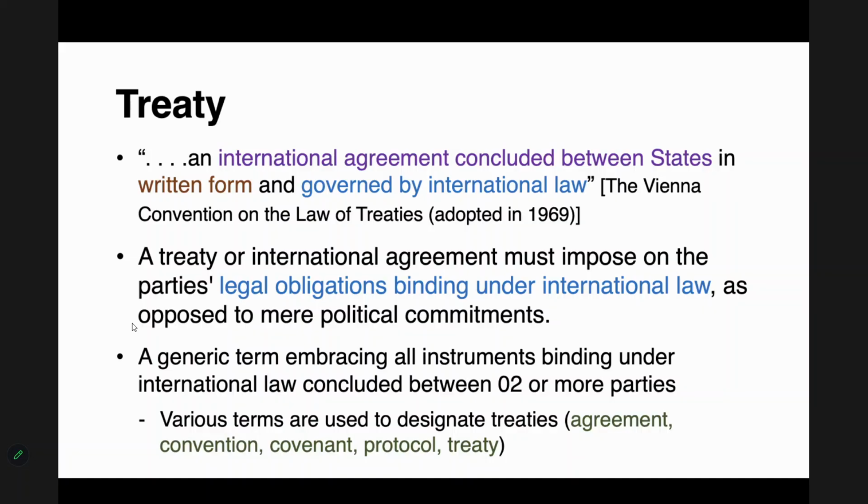So if you're party to such an international treaty, you have legal obligations to meet its conditions.